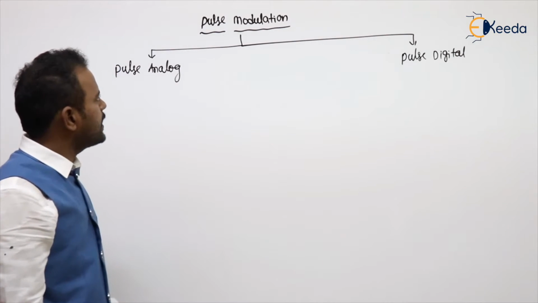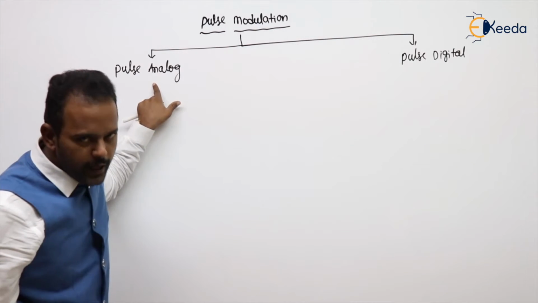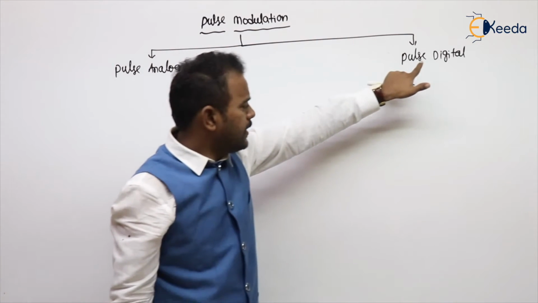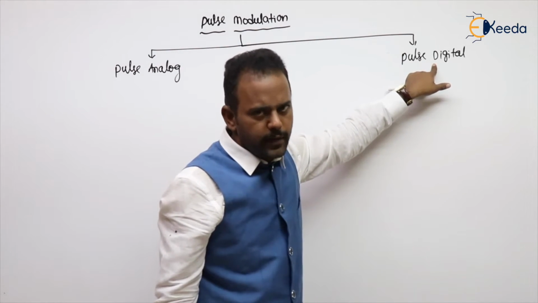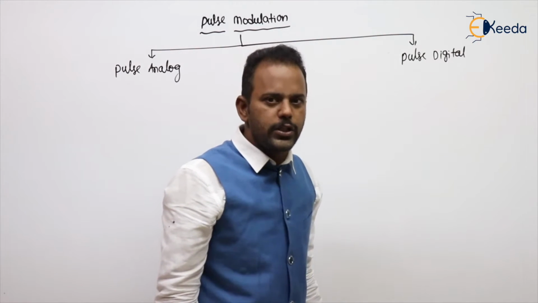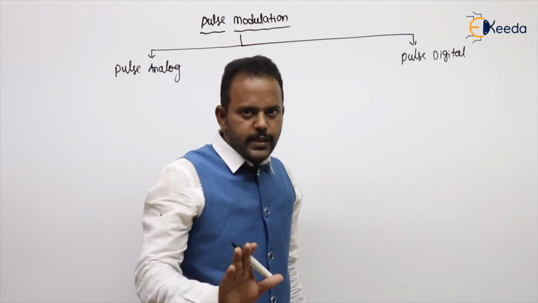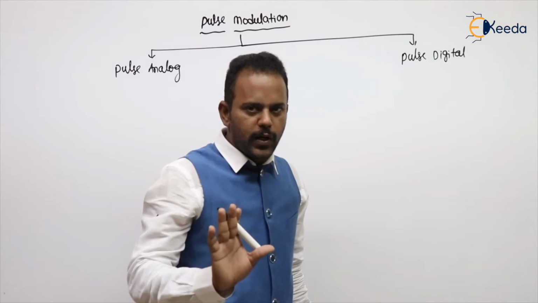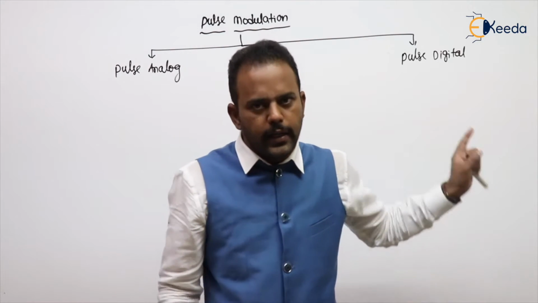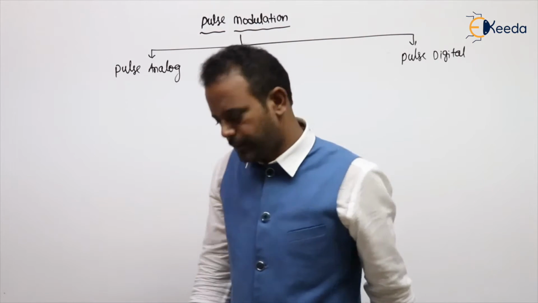What is the difference here? In both cases, the carrier is a pulse train only, but in pulse analog the information is analog, and in pulse digital the information is digital. This is also called true digital modulation.